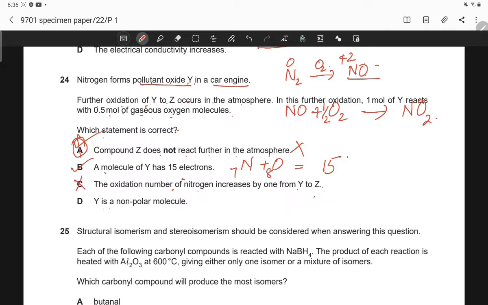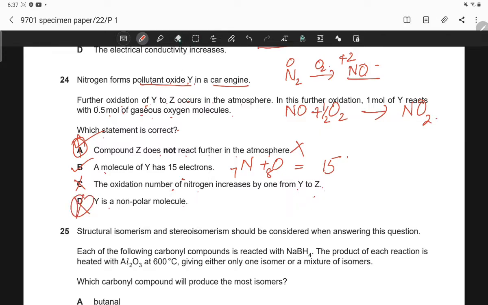Y is a non-polar molecule. Yes, nitrogen monoxide is non-polar, so this option, B, is correct. Y is a non-polar molecule.